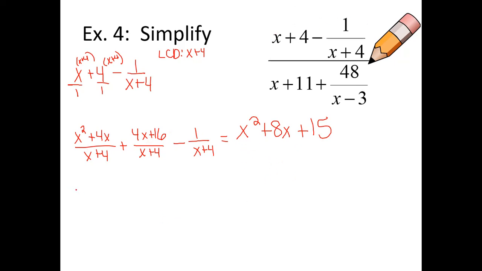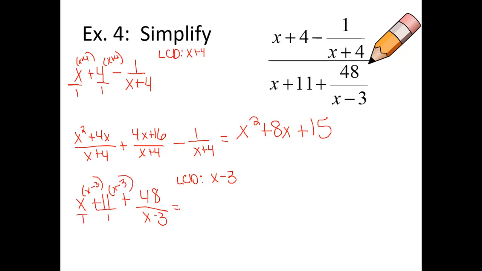Let's figure out the denominator now. So x + 11 + 48 over (x − 3). So I need to find my LCD for that denominator, which is x − 3. So I'm going to multiply everybody, because these guys have 1's on the bottom, right? So I need to multiply by x − 3.